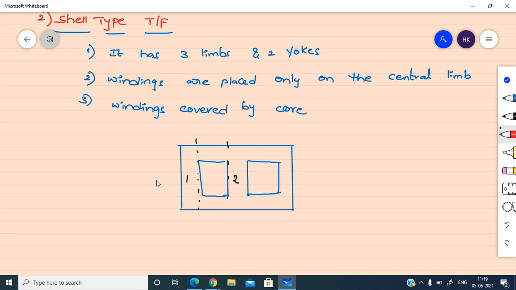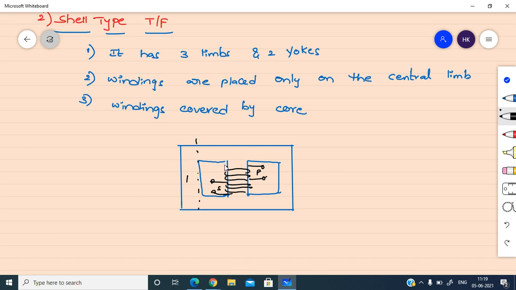And windings are placed on the central limb. So we have the primary winding and secondary winding. Those two are placed on the central limb. So let us assume this is primary winding and this is secondary winding. Both will be wound on the central limb.